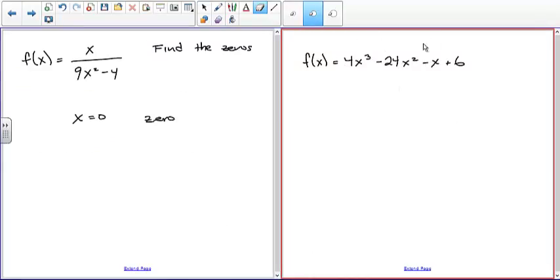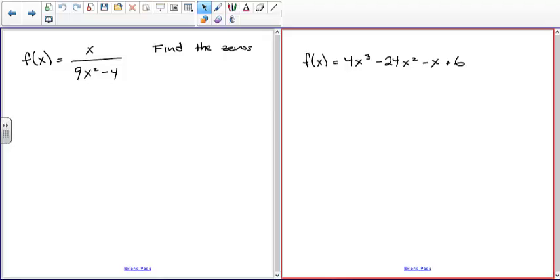Okay, now here's the polynomial, third order polynomial. So the question is, where does this go to 0? So this is a third order polynomial, and you can find the zeros of this polynomial.